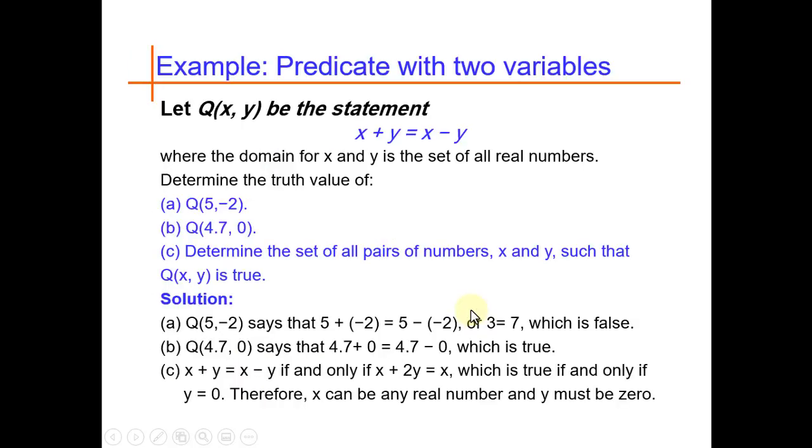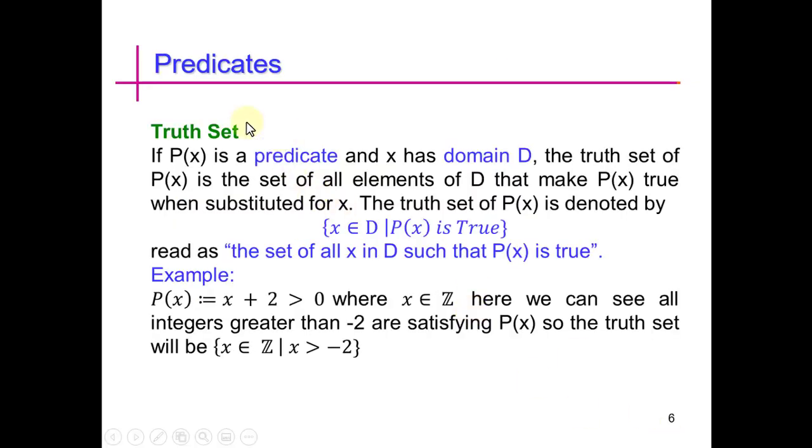So the next definition is truth sets. So what is a truth set? If P(x) is a predicate and x has a domain D, so there is a short way of denoting a predicate, that is P(x). So x is a variable and P stands for denoting that predicate.